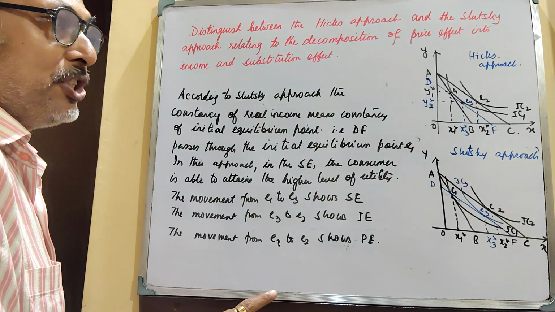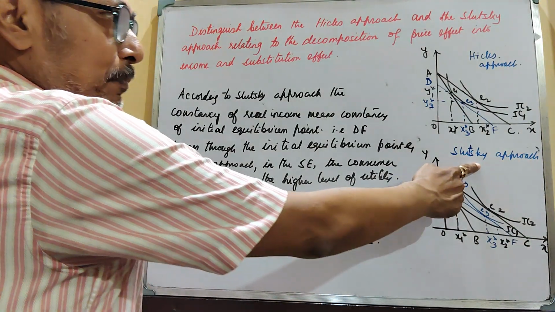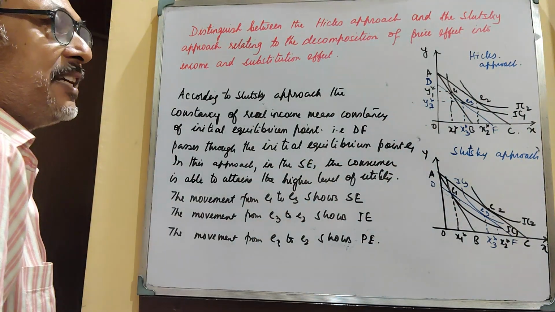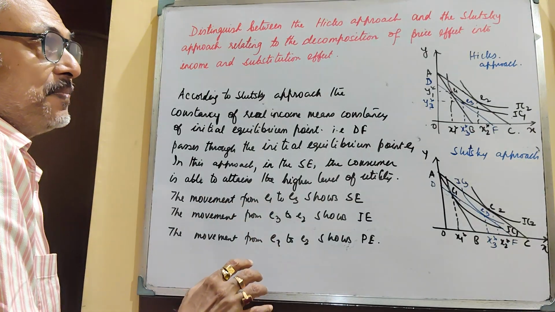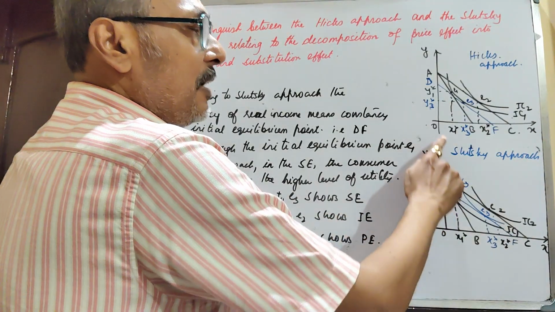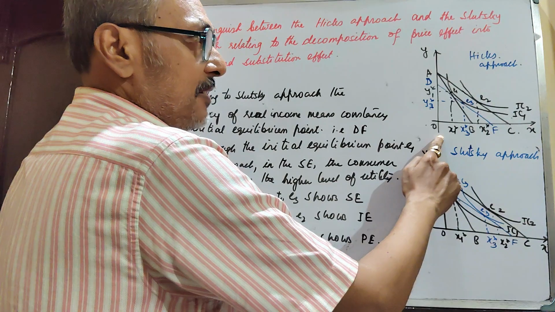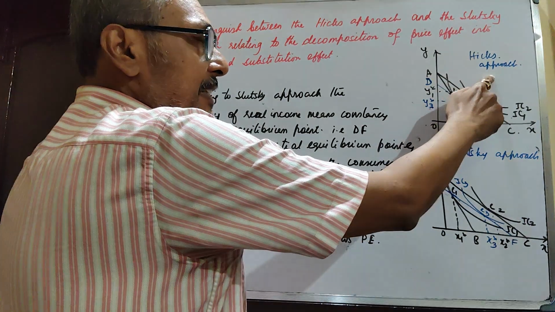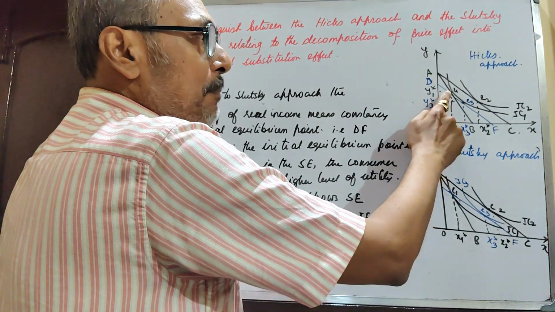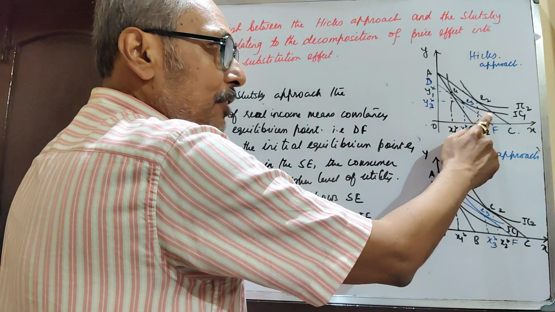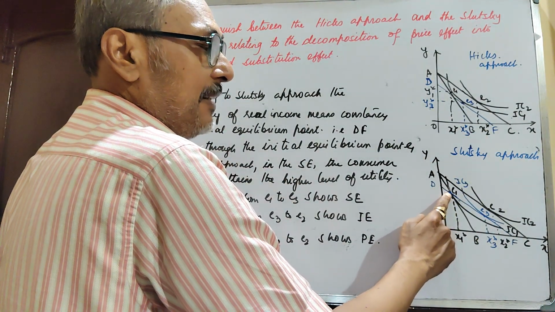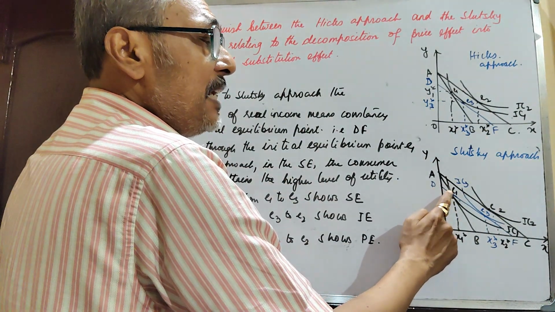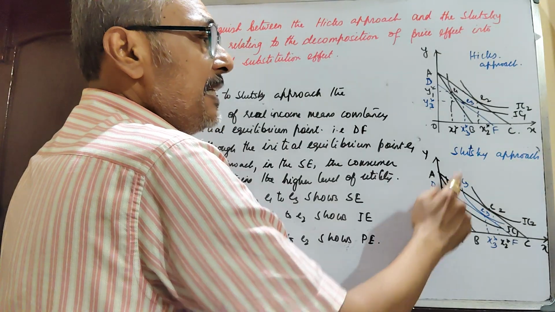In case of Slutsky approach compared to Hicks approach, in the substitution effect, the level of utility increases. I hope everybody understood this: in the Hicks approach the consumer is able to attain its initial indifference curve, and in the Slutsky approach the consumer is able to attain its initial equilibrium bundle.